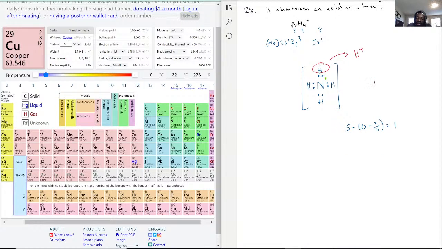And if we rewrote it, for those that were here earlier, you would notice that we actually just get NH3. And if we did the math here for the nitrogen, you'll see it's 5 minus 2 plus 6 over 2, 0.